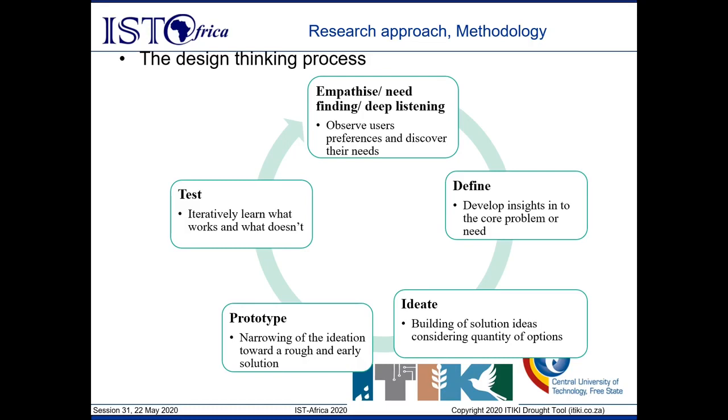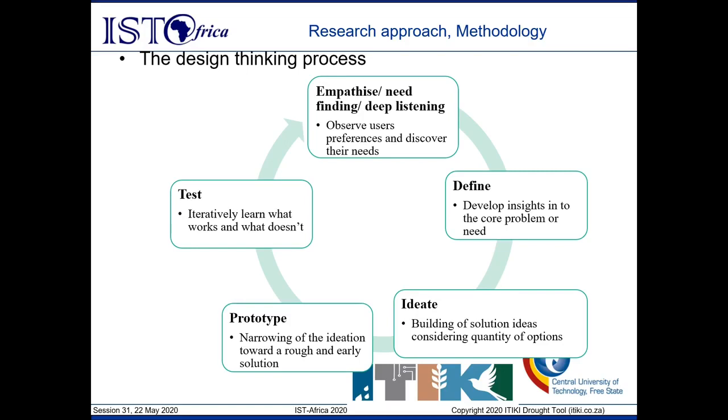The fourth step was prototyping, so that we could give them a working system that they could try out and give comments, then we'll take that home and refine it over and over again. And then the last one is testing.